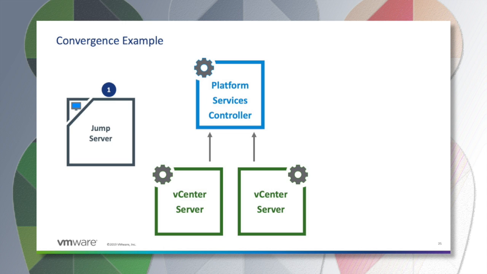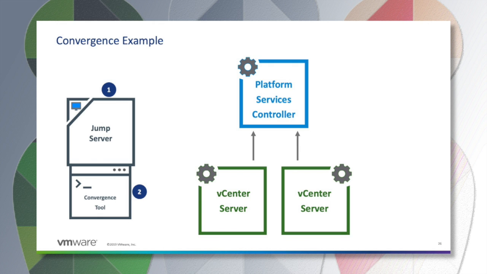Once I'm done with that, I'm going to have some server, in this case a jump box, that has routable access to the PSCs and vCenters that I want to decommission. From there, I'm going to mount the ISO and run the Convergence Tool. Now, the first vCenter that I'm going to do is this one right here.